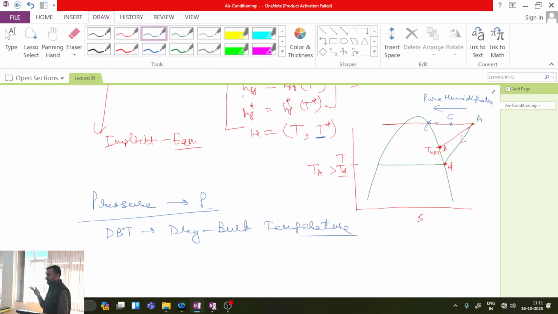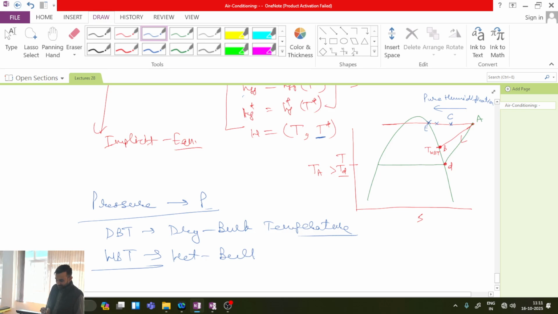That's a complex process. It will take a long time. Okay. Can you measure the amount of vapor content in this air? You cannot measure. That is also a challenging process. So the third important property which we can easily measure is our WBT, wet bulb temperature. Now you tell me how we can measure wet bulb temperature.